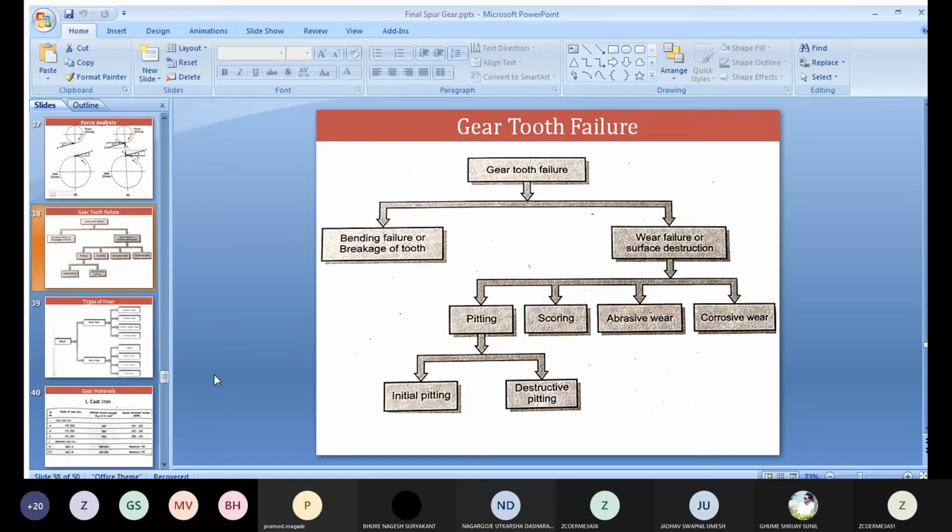At the time of meshing, contact will occur, so due to repetitive contact stress. Correct. The pitting can be divided into, first write down, initial pitting. It is also called corrective pitting. We can correct it. Corrective pitting.